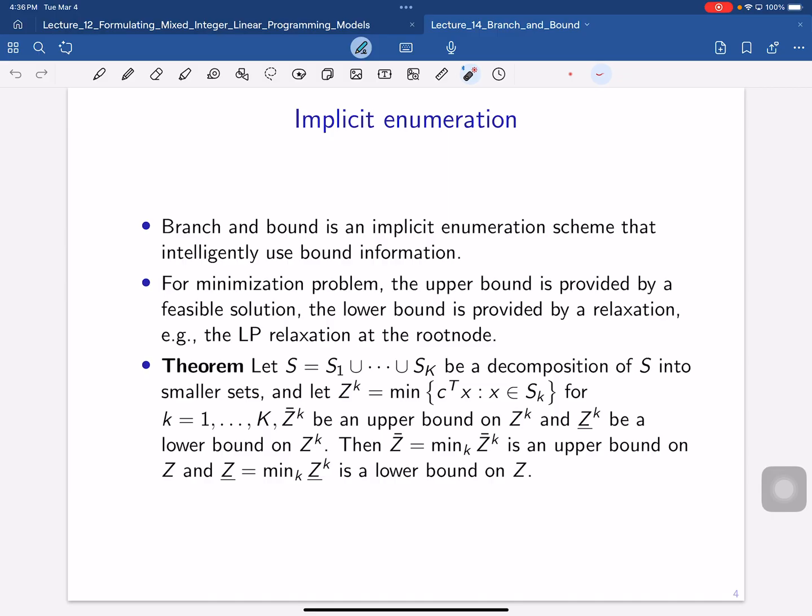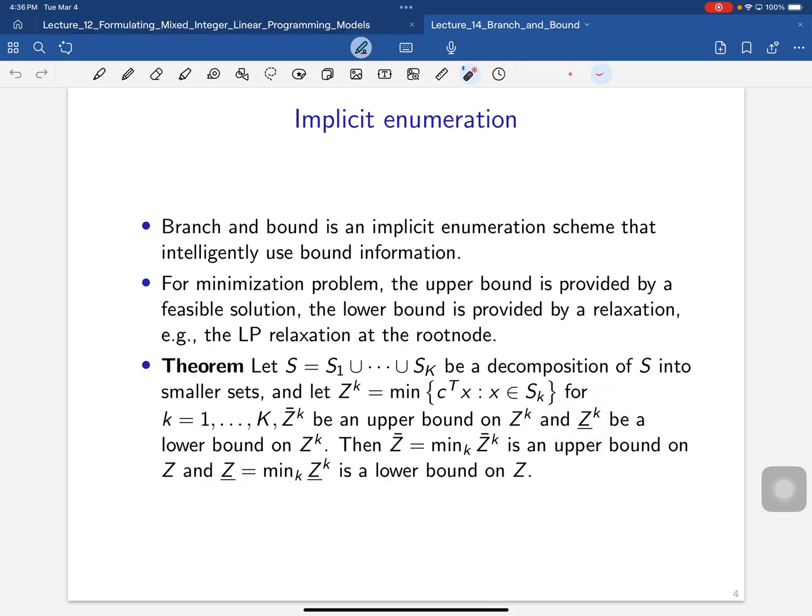Now, let's think about a decomposition of the set S into different subsets. If you solve each of these subproblems and obtain a bound or a feasible solution, Zk, then let's say Z upper bar k is an upper bound on Zk, and we denote Z lower bar k to be a lower bound on Zk.